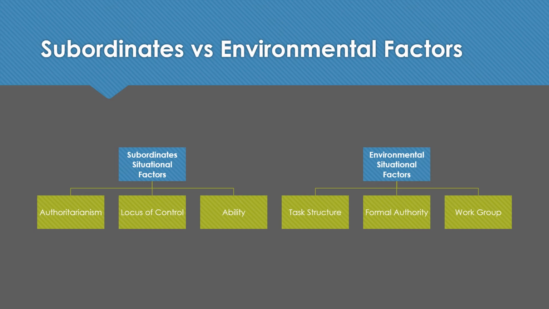While environment situational factors consist of task structure, which determines how easy the job is, formal authority, which is the position of power of the leader and how much they have to control, and the work group, which is how well subordinates or followers work together.